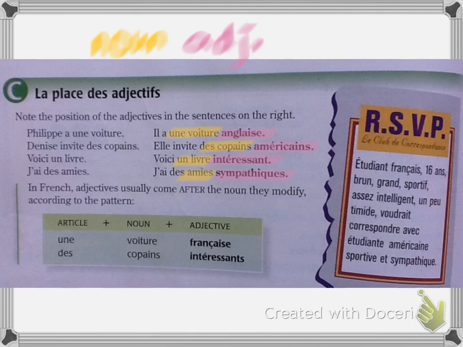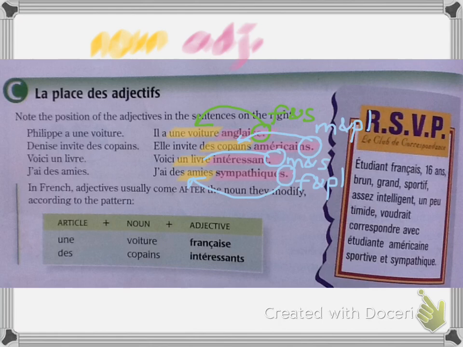And again, notice anglaise ends in an E because voiture is feminine and singular. Américain ends in an S because des copains is masculine and plural. Intéressant doesn't have anything added because un livre is masculine and singular. And sympathique has an S on it because des amis is feminine and plural, but because sympathique already ends in an E, we don't add the extra E, but we have to add the S to make it plural.